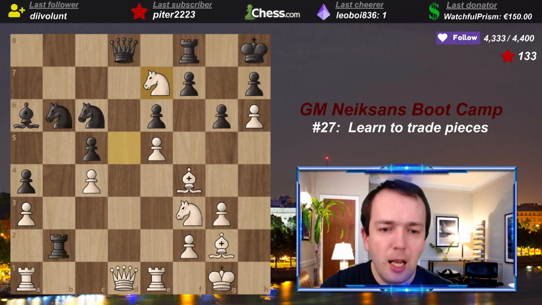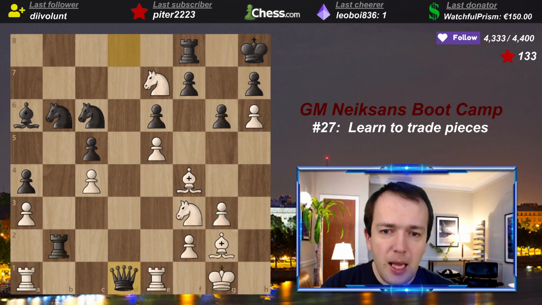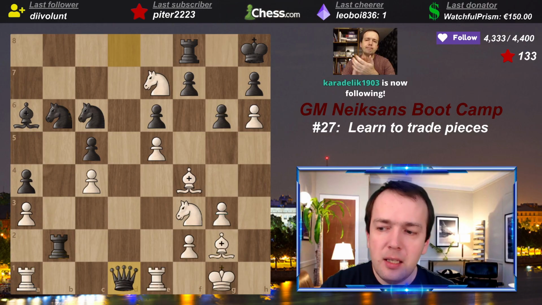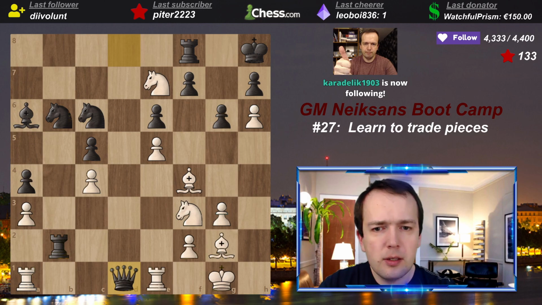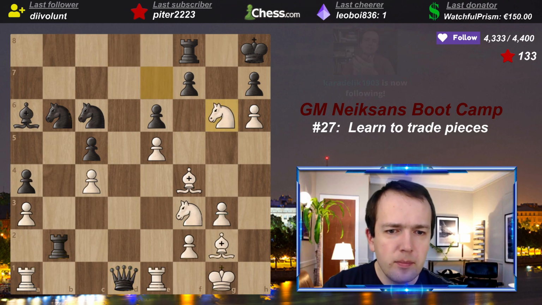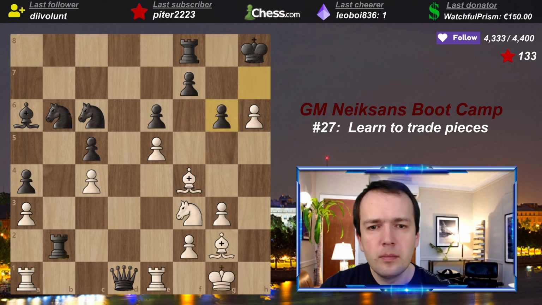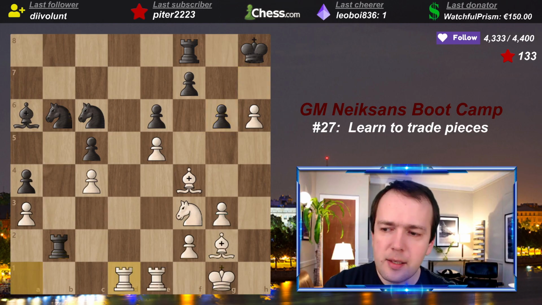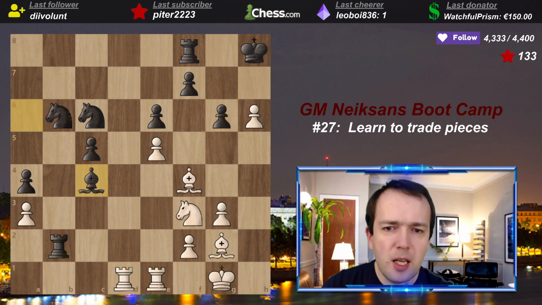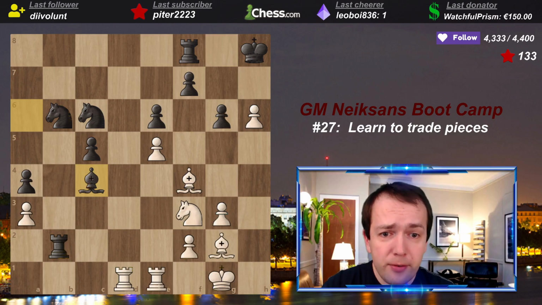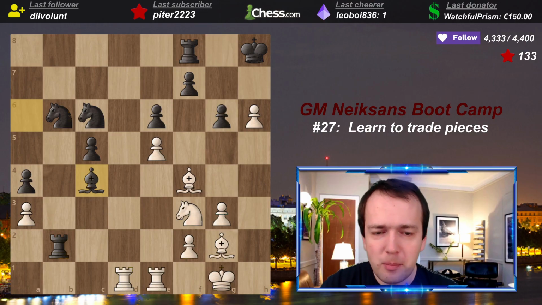Now I managed to eliminate this dark square bishop. Since black is risking to get mated, he needs to trade queens. Intermezzo check. Takes. Bishop takes on c4, and it seems that black has survived this, but this actually turns into a little puzzle that I managed to solve myself during my puzzle solving.